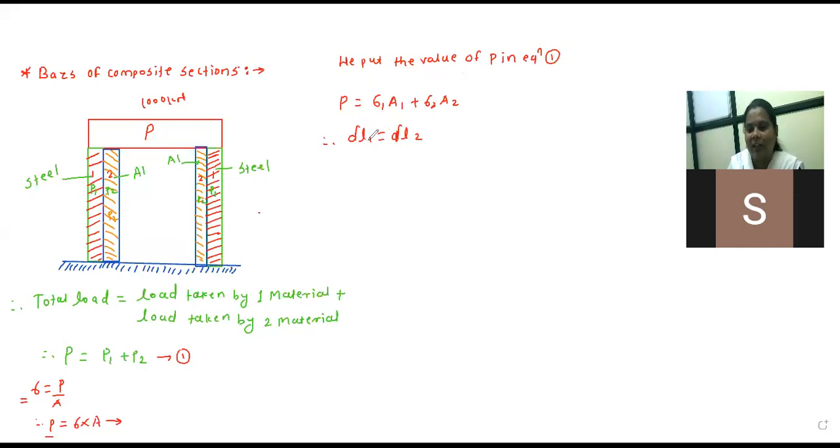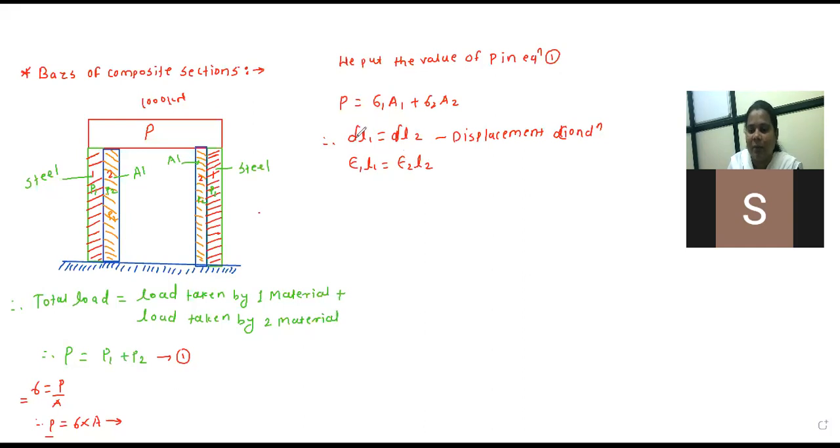Now we will see the second condition, that is the displacement condition. For bars in parallel, the displacement condition is del L1 is equal to del L2. So del L1 we will rewrite as epsilon 1 L1 is equal to epsilon 2 L2.